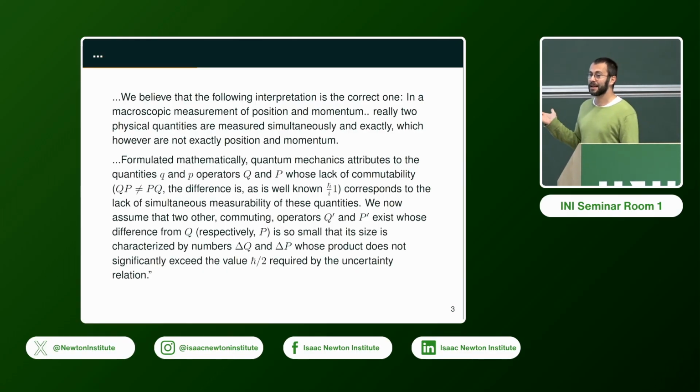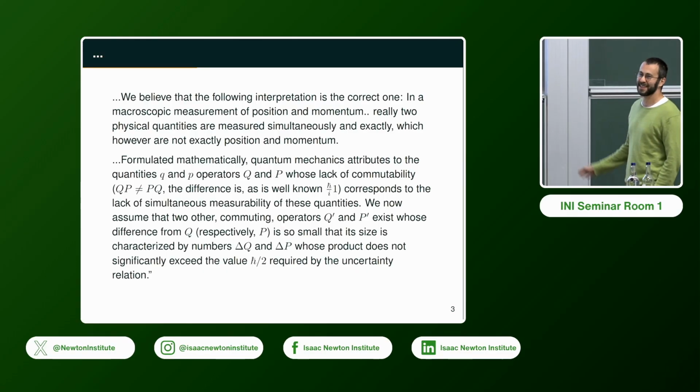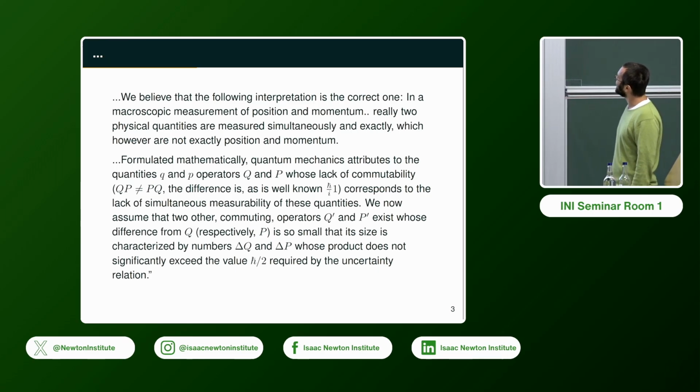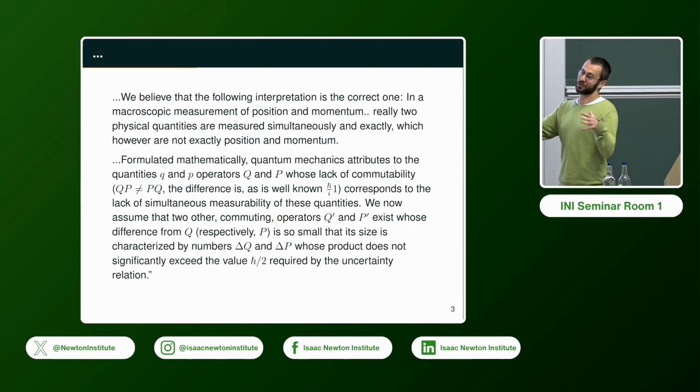The way I understand this, I read this paper in the last weeks to try to really understand it, is that what von Neumann suggests is that we now have a macroscopic system of a lot of particles. When we measure position and momentum, we're not actually measuring P and Q, which is what we actually want to measure.